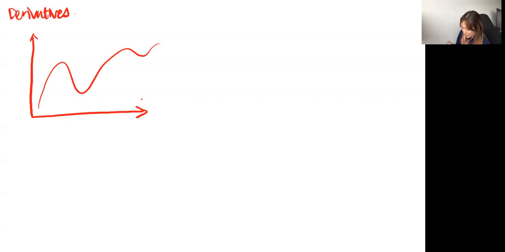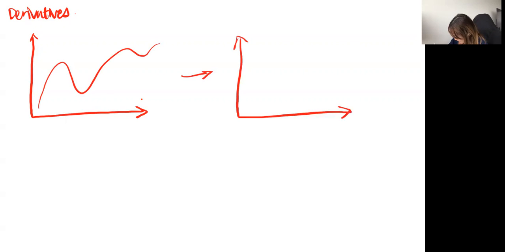But if you evaluate the derivative at a specific point, so again, I told you the derivative of a function, and this is not accurate, but the derivative of a function is usually another function. But if you evaluate the derivative at a single point, and let's call this point A, and let's say that this is also A. This is not accurate, by the way.